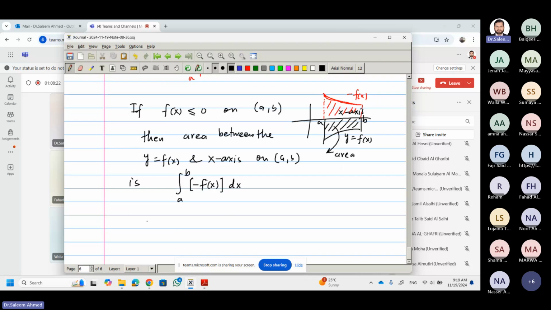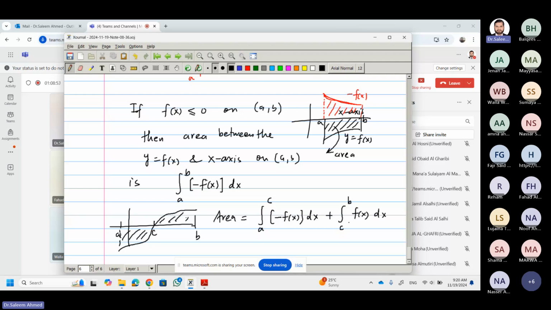So if my function is negative somewhere, let's say from a to c it is below the x-axis, and from c to b it is positive, then this whole area will be equal to, from a to c, I will multiply my function by a negative number because it's below the x-axis, and from c to b, I will integrate it directly without multiplying by a negative number.